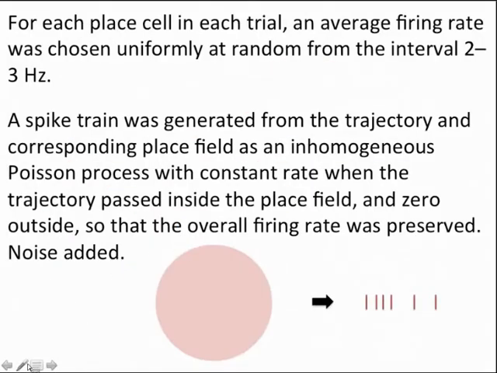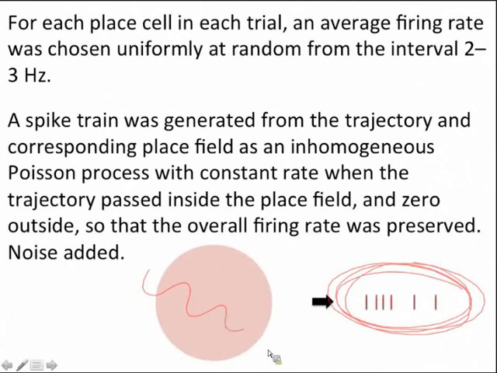So, again, our data with those assumptions is now just the spike train data. This data was generated by doing random trajectories, using randomly placed place fields.